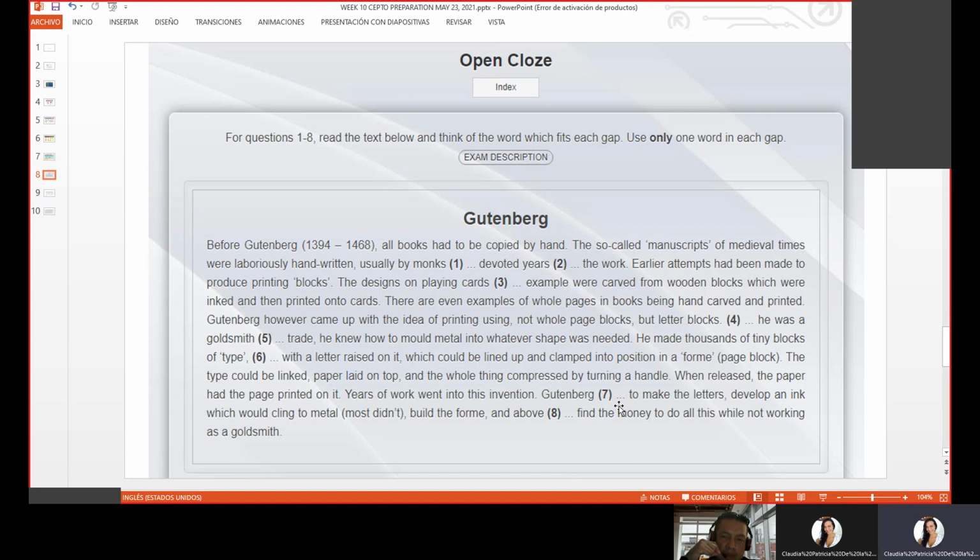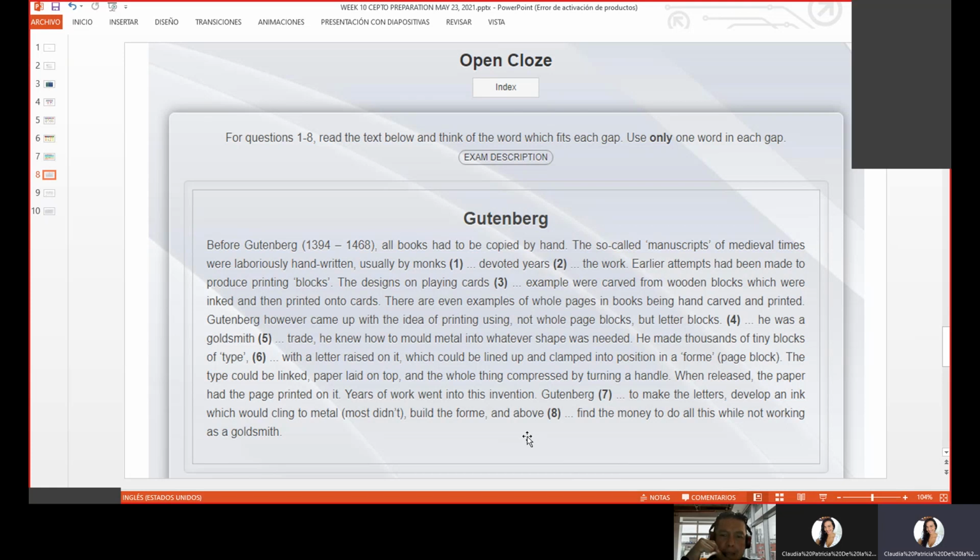To find the money to do. No, it's not to find. The word that goes in the gap does not connect with find, it connects with above. Above on, they don't go together. It doesn't sound right.